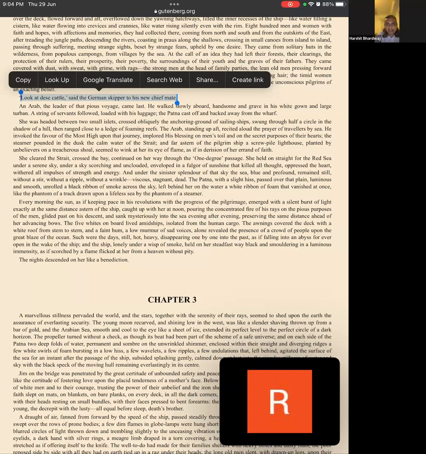So cattle class or cattle was a very derogatory but commonly used word by the British, by the colonizers to describe Indians or the natives, right? These are pilgrims and they paid for the ticket, but the captain and the chief mate, this is how they look at them. So the idea of Orientalism in play. Do you see that?